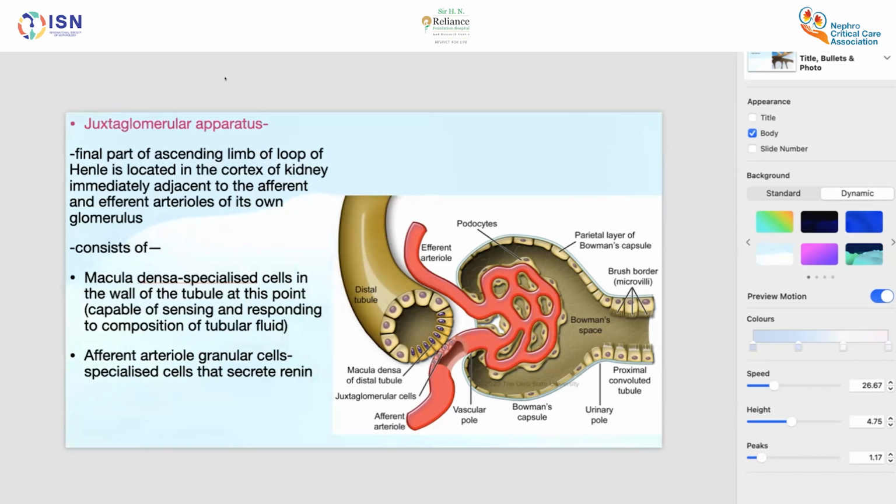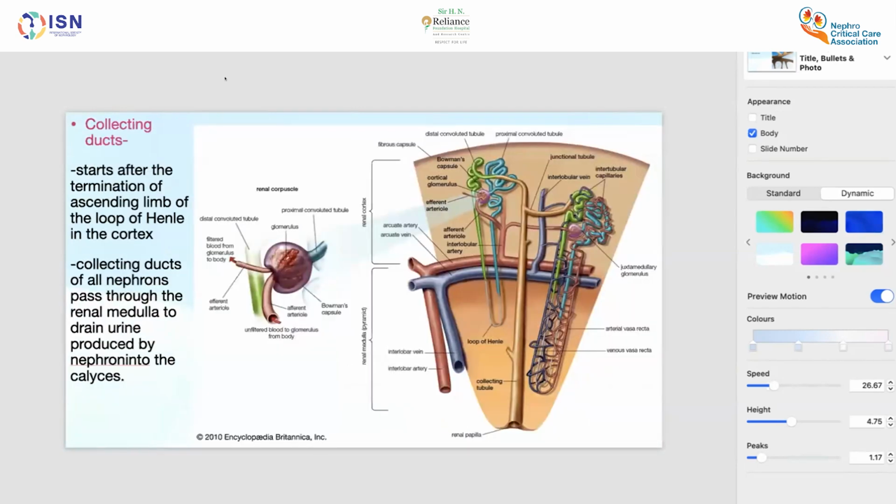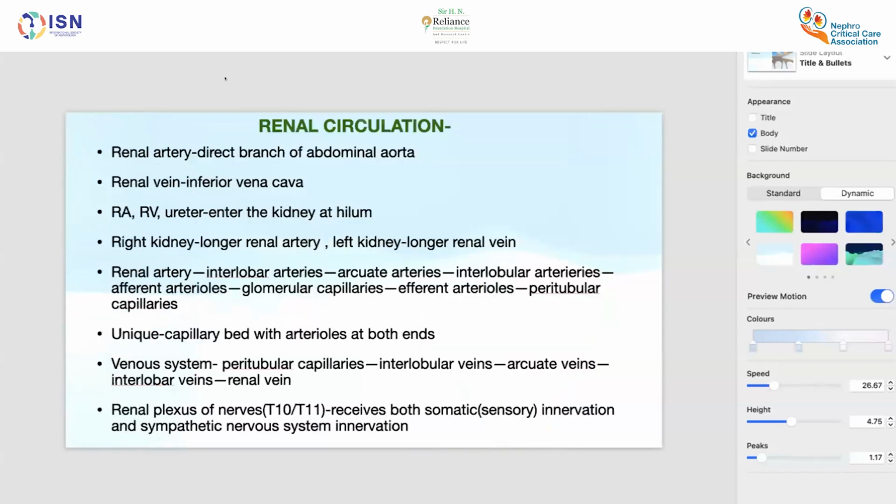At this point, they are capable of sensing and responding to the composition of the tubular fluid. The afferent arterioles have granular cells, which are specialized cells that secrete renin. Then the collecting ducts. The collecting duct starts after the termination of the ascending limb of the loop of Henle, and the collecting ducts of all nephrons pass through the renal medulla to drain urine produced by the nephrons into the calyces.